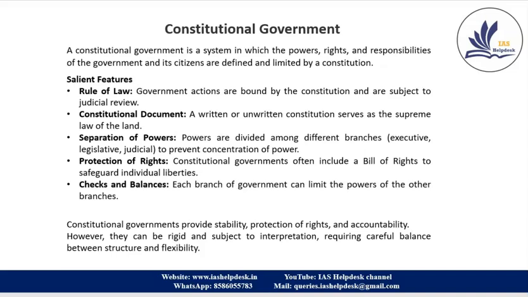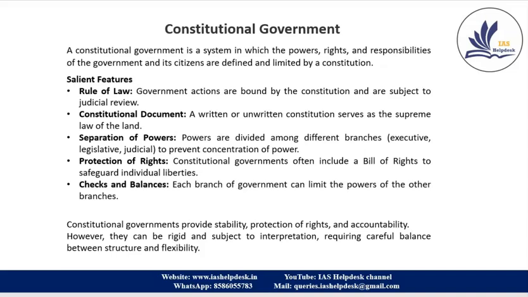Then we have separation of powers, where powers are divided among different branches, executive, legislative and judicial, to prevent the concentration of power. Then we have protection of rights, where constitutional governments often include a bill of rights to safeguard individual liberties.